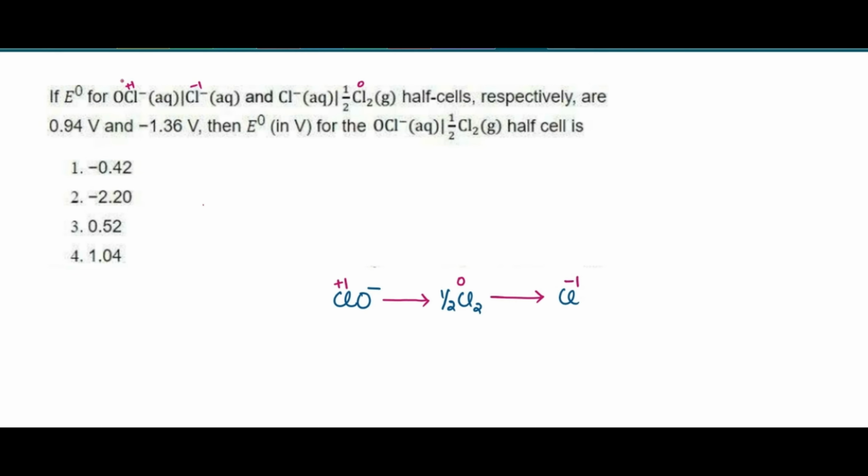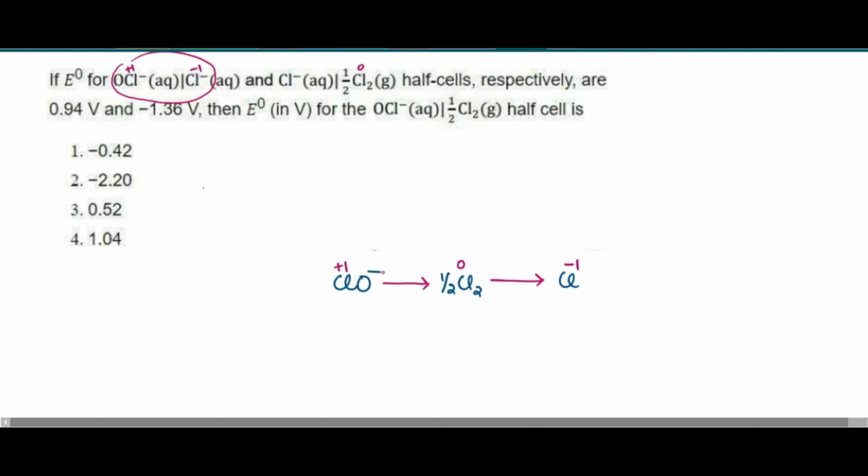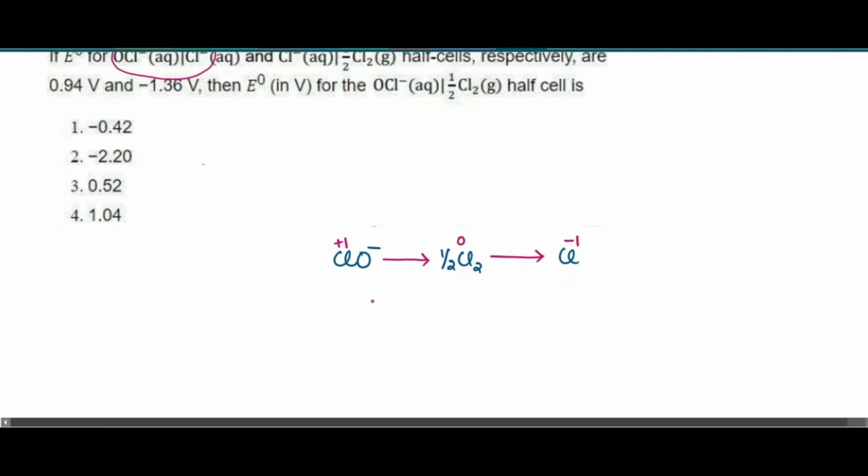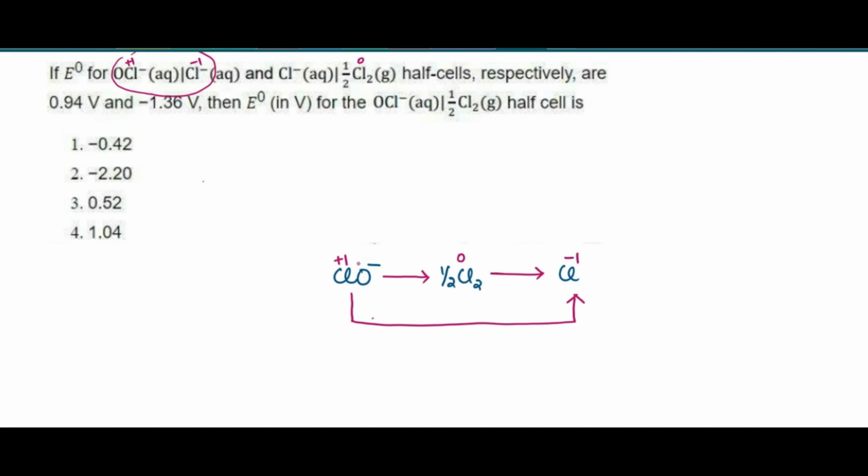ClO minus to Cl minus is what they have given us, plus 1 to minus 1. Okay. What is happening? Reduction is happening. Reduction potential is the most accepted one.